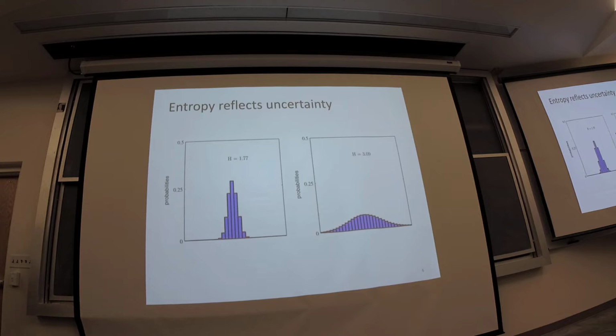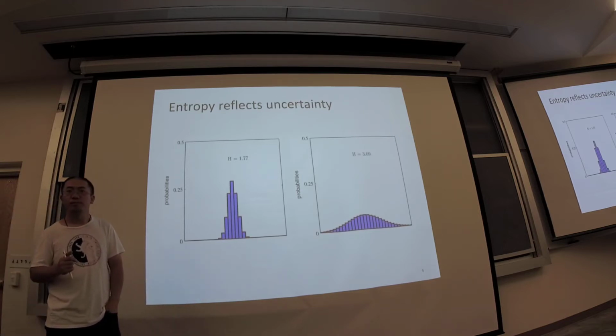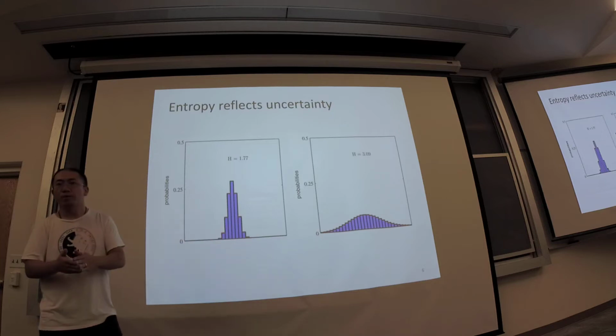So entropy is also a measure of uncertainty. Basically, uncertainty is equal to the amount of information. So when people say this random variable contains a lot of information, it just means the uncertainty of this random variable is very large. Why? Suppose that you don't have a random variable. Your variable is just a constant.